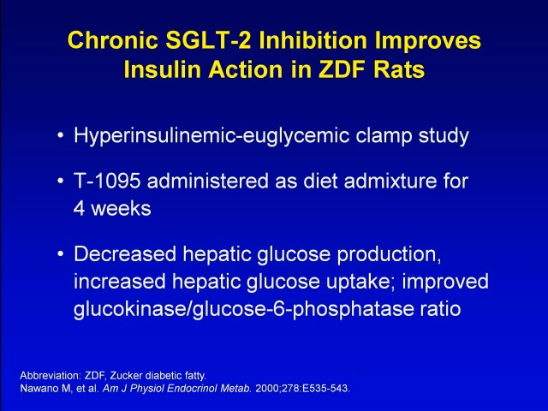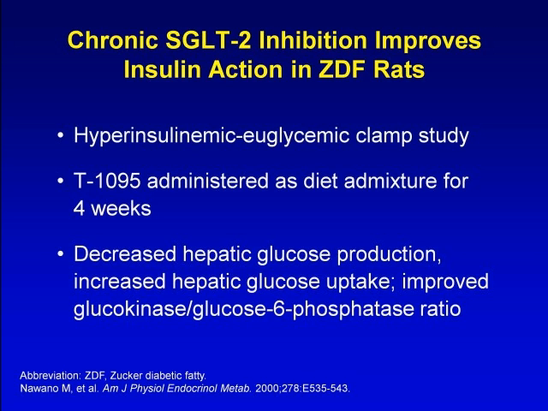In this slide, we're going to look at ZDF rats, which are actually a model of type 2 diabetes, and chronic SGLT-2 inhibition in those rats. A hyperinsulinemic euglycemic clamp was done in these rats after administration of an SGLT-2 inhibitor called T1095, which was administered with the diet for 4 weeks.